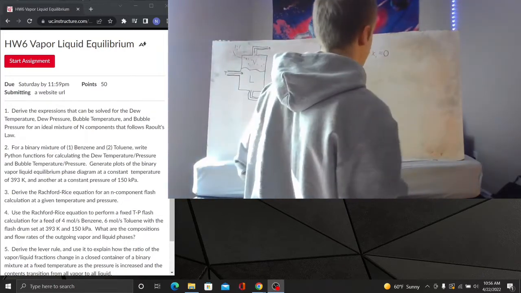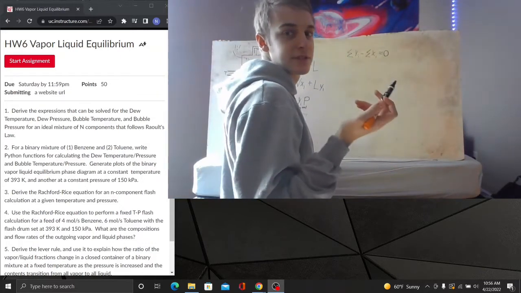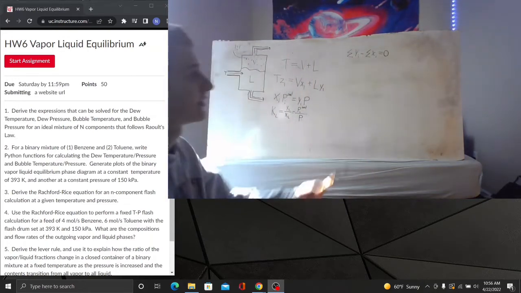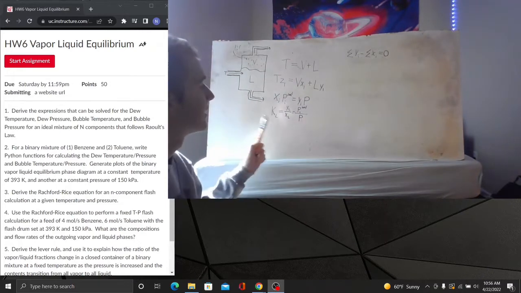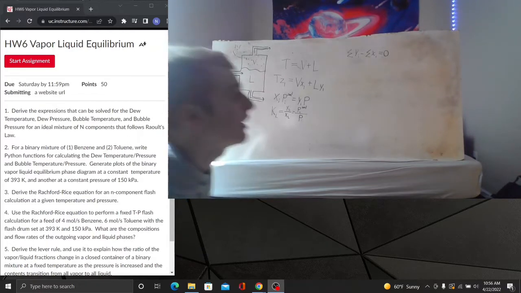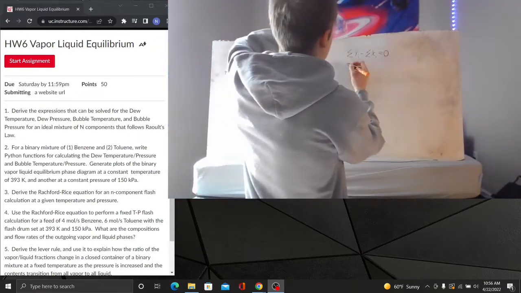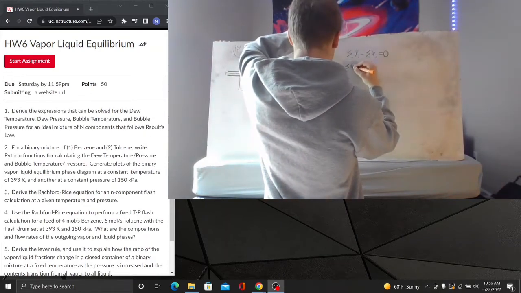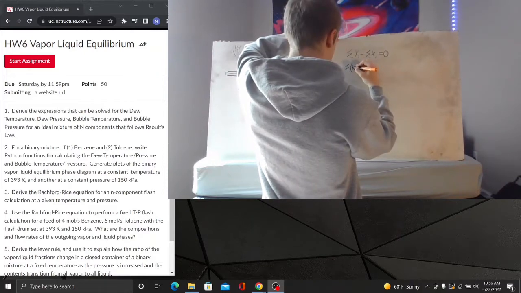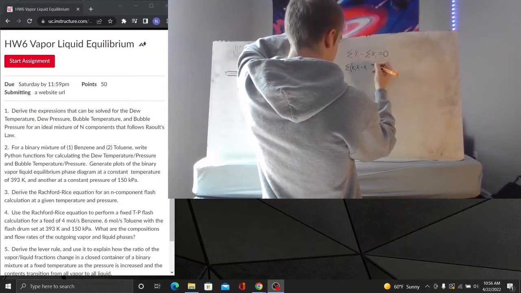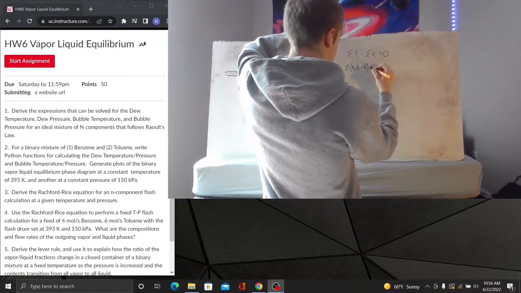And then now we can perform a few substitutions in order to get our Rashford-Rice equation. So one thing that I can see right off the bat is that for this yi, we can substitute in a ki, which would just be xi times ki equals yi. So we'll get the sum of ki times xi minus xi, and that'll equal 0.